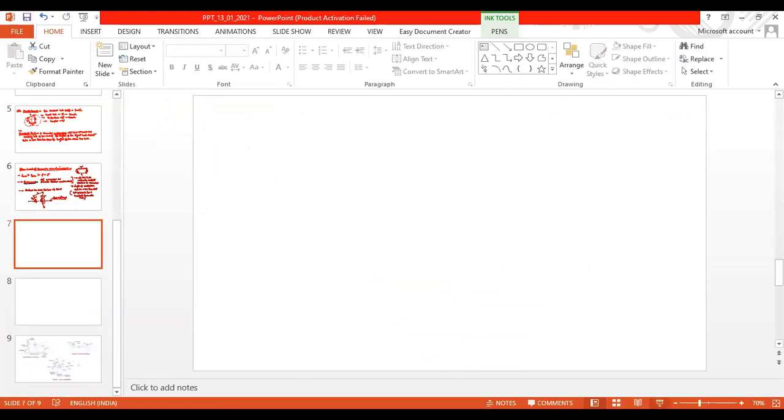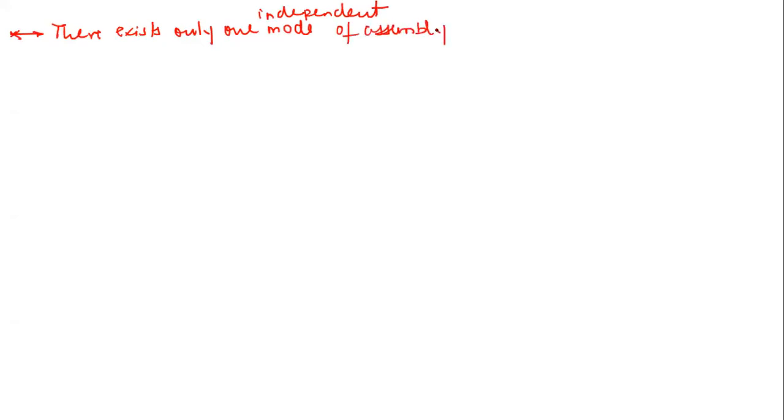Okay, so there is one more important thing which you have to remember, right? There exists only one mode of assembly, or you can say one independent mode of assembly. Now, what is meant by this?